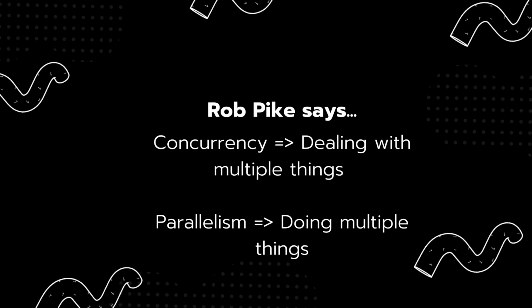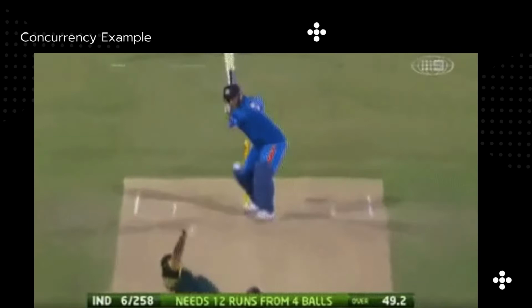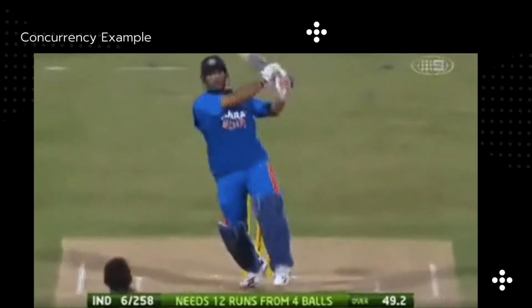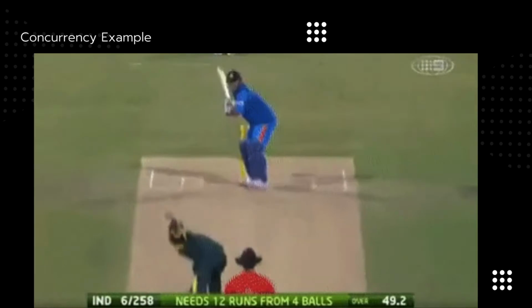Let's have a look at an example where concurrency can be better explained. Think about two tasks, when one task is that of a bowler taking the run up and bowling, and the other task is that of the batsman, where he actually times the ball, and in this case he hits it out of the park.